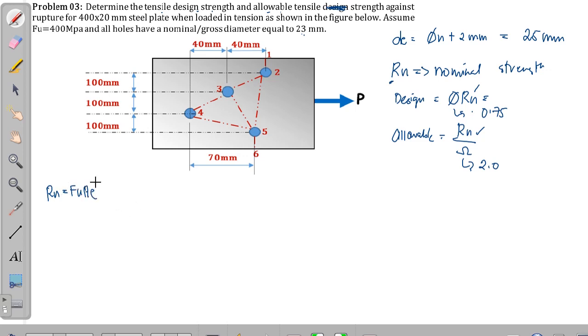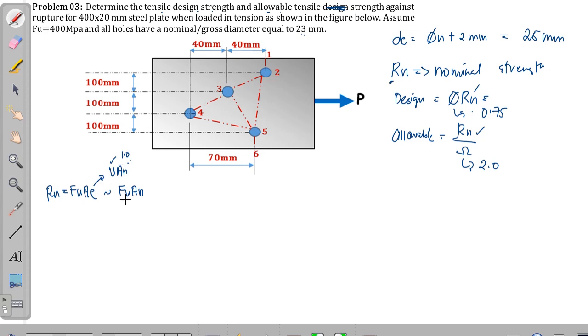So yung AE natin, since this is plate, U times AN. Okay? 1.0, kaya this is equivalent to FU times AN. 1.0, 100%. Okay? So FUAN or FUAE, our shear lag factor U is 1.0.